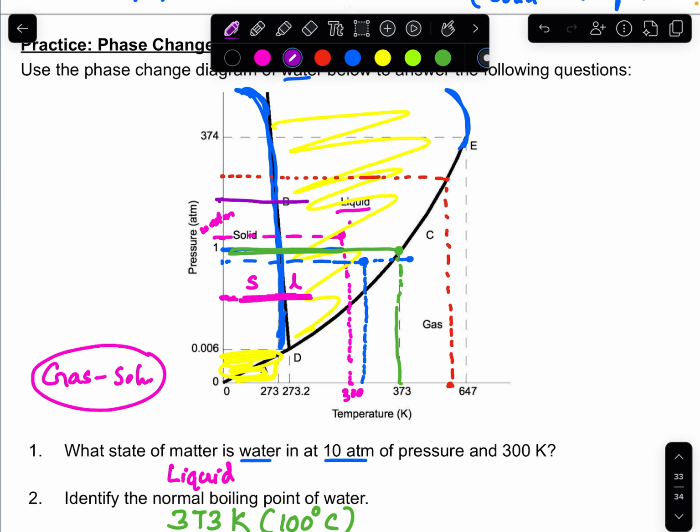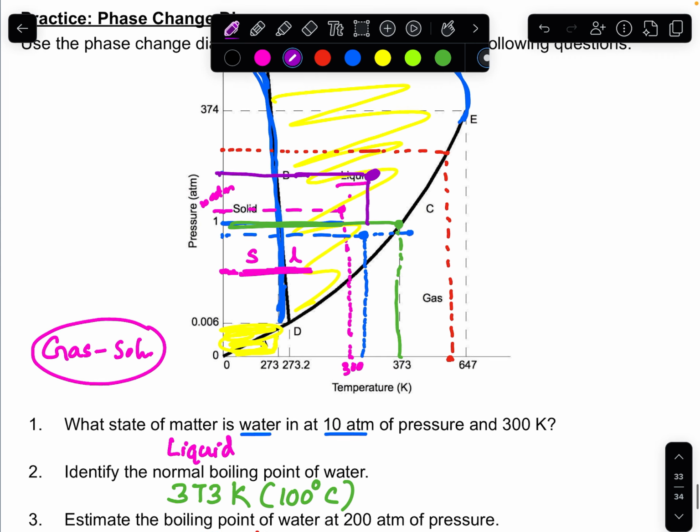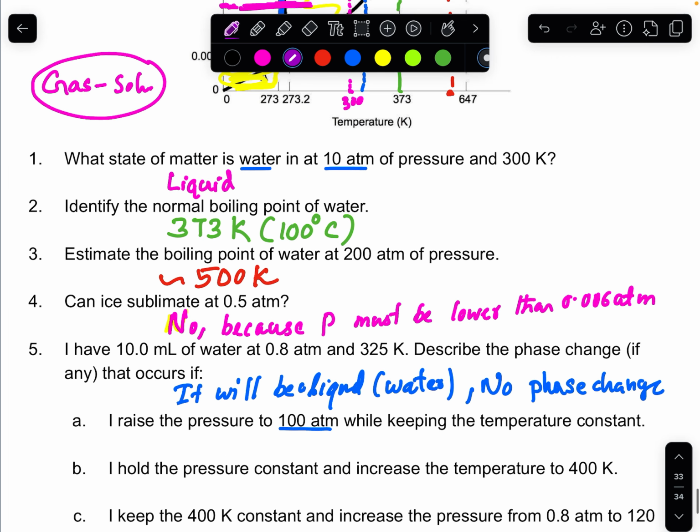So if you go to 100 atm keeping the temperature constant like this, that will be here, right? Still that is a liquid state, so nothing will happen, no phase change. It will still be water, right?